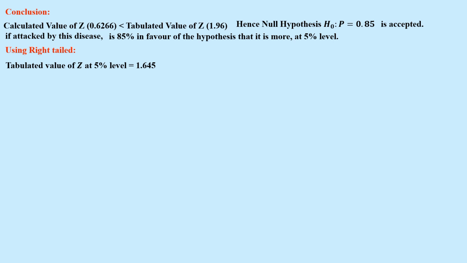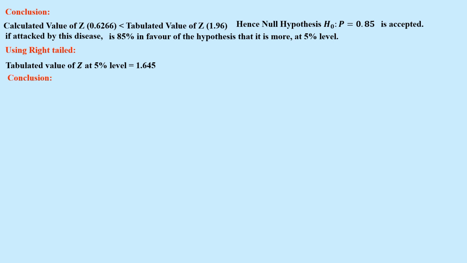For the tabulated Z value, when you are using right tail it is 1.645, but in the two tail test the Z value is 1.96. Note that we have to change the values according to right tail, left tail or two tail, right?